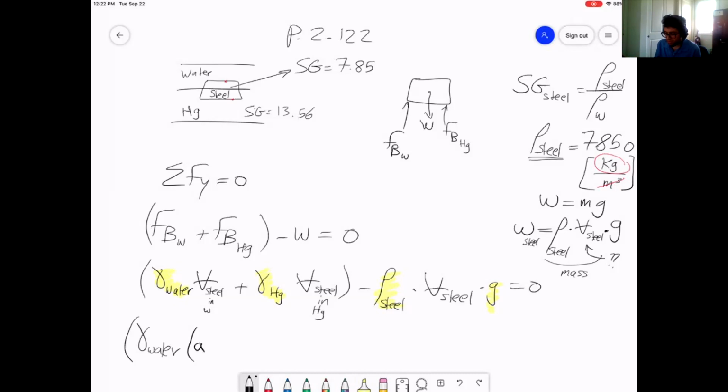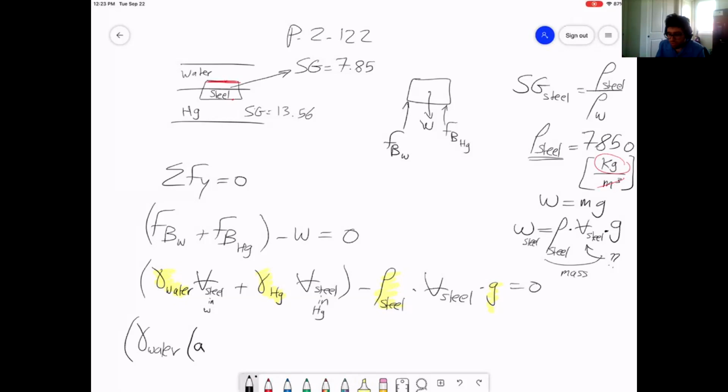So how would you calculate the volume of steel in water? You said A, which is the height, times the width and the length. So what do you want to call the width? W. And length, L. It's because the other volumes will have the same exact width and length, and they will cancel.